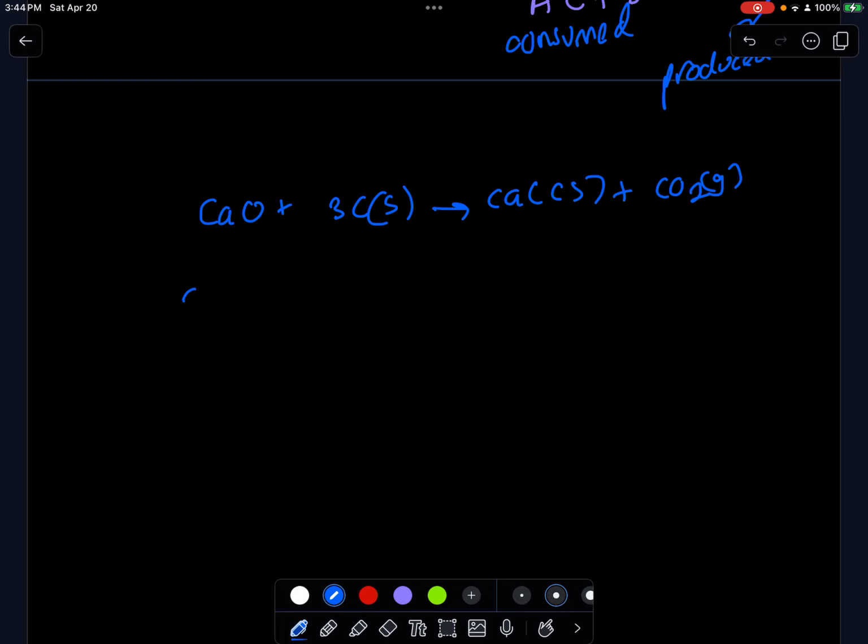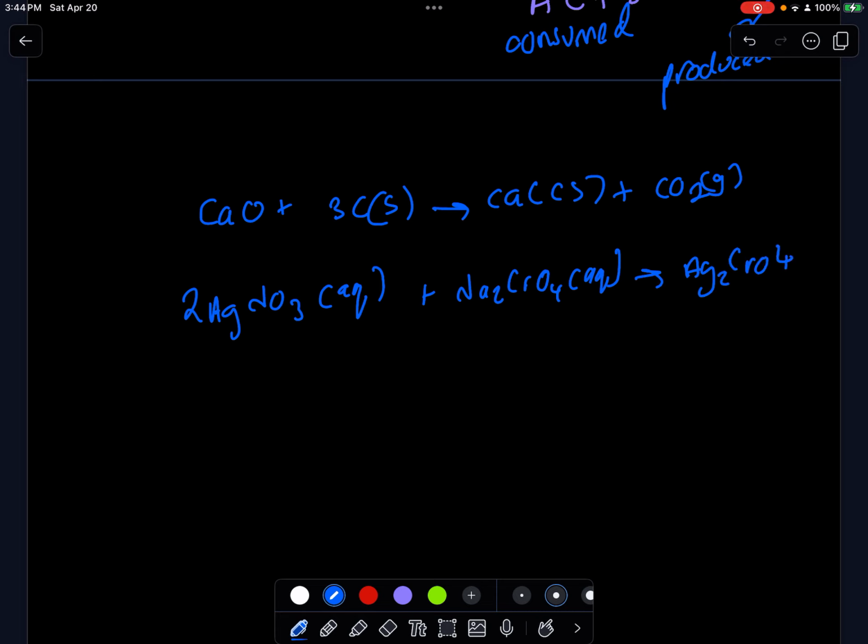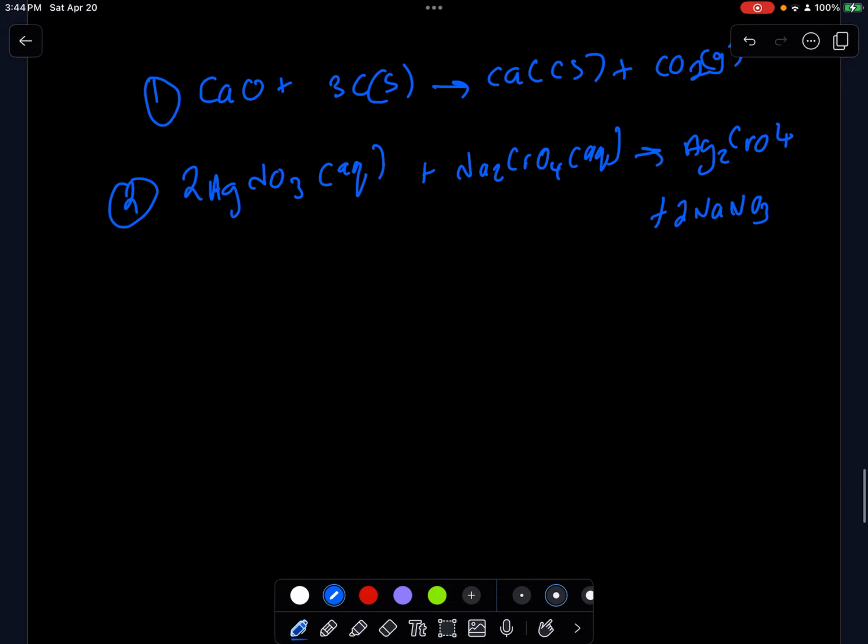Then we have another reaction. So, which one is fastest, reaction 1 or reaction 2? Well, the answer to this question is the following. Reaction 2 is faster, but why?